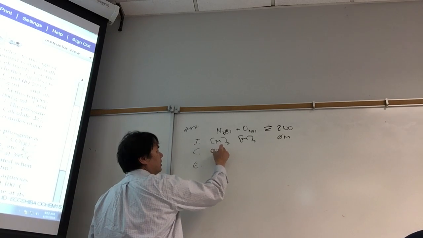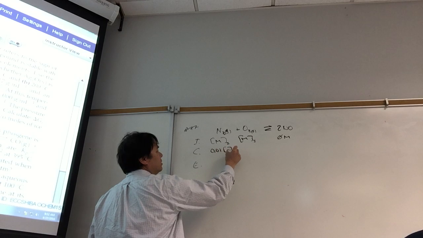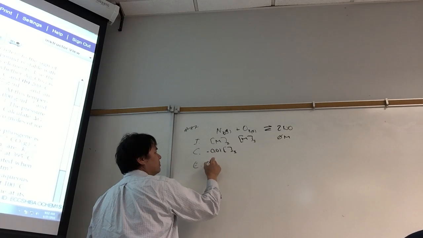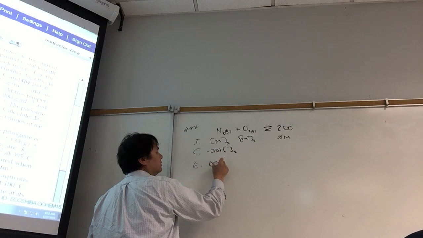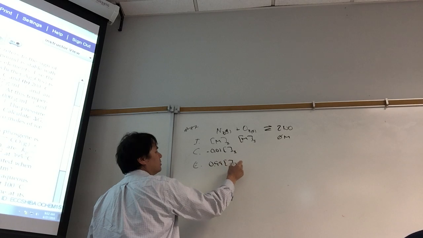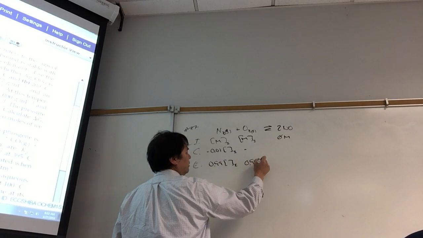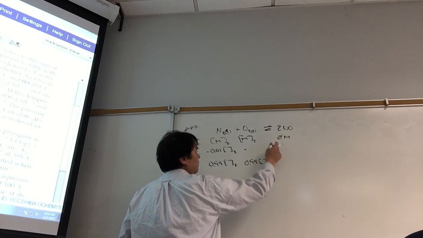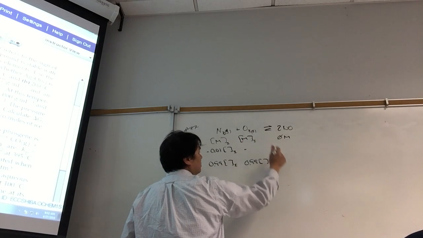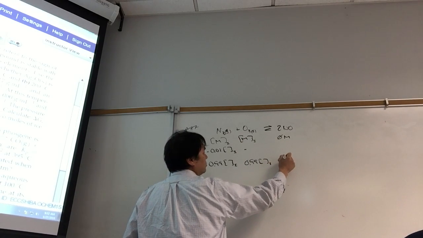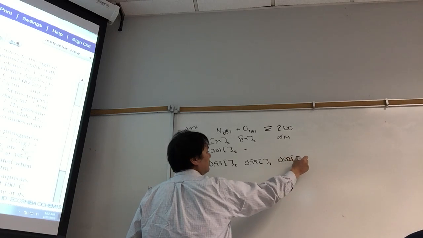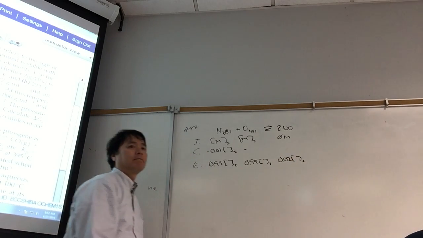I'm going to lose 0.01 of my initial. And how much am I going to have left over? 0.99 of my initial. So I'll have 0.99 of my initial here, and over here, this is double, so I'm going to get 0.02 of my initial. Is that correct?